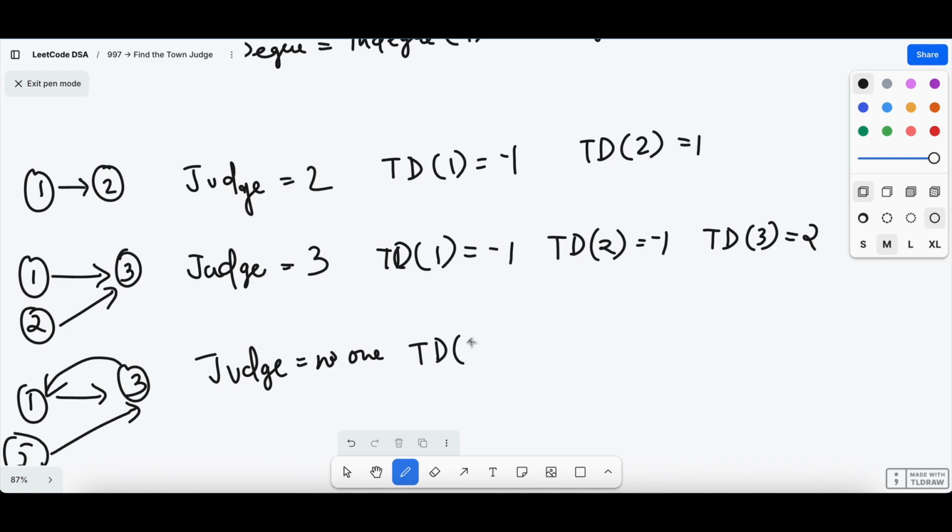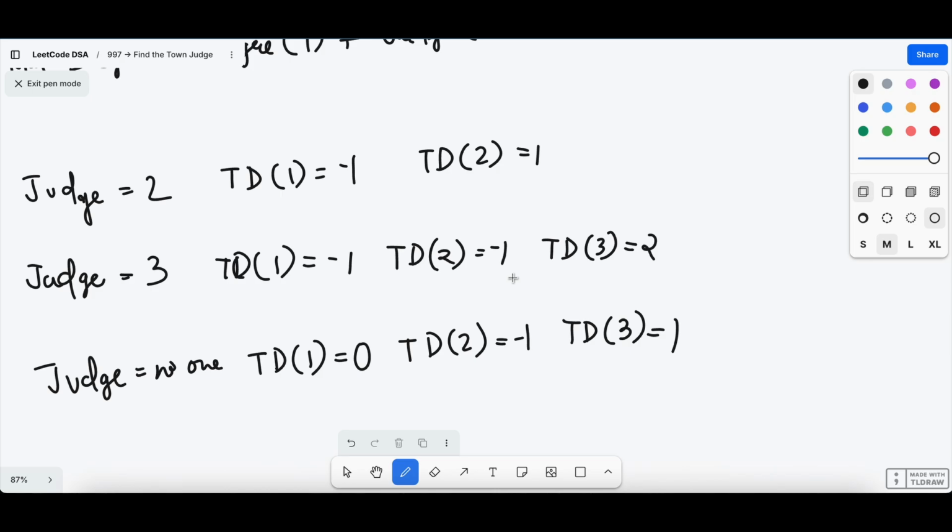Here also the total degree of 1 equals 0. Why? Because in plus out, -1 plus 1 is 0. Then the total degree of 2 is -1 and the total degree of 3 is 2 minus 1 equal to 1, right.